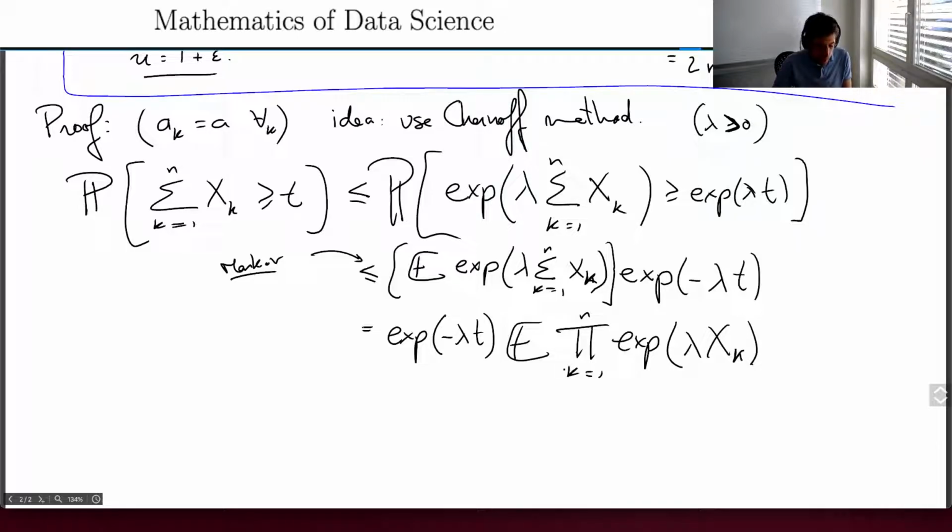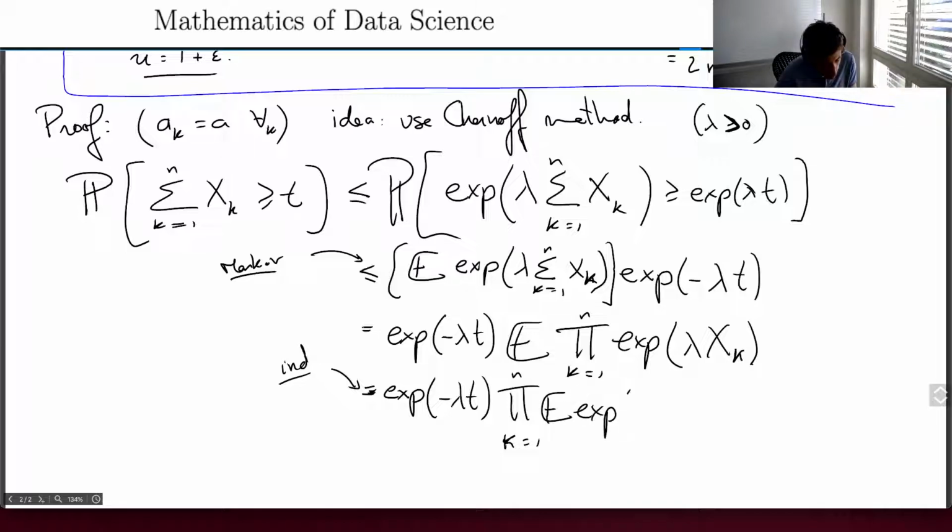But now they're independent, so here we use independence: the expected value of the product is the same thing as the product of expectations. Now I get the exponential of minus lambda t times the product, k from 1 to n, of the expected value of the exponential of lambda x_k.